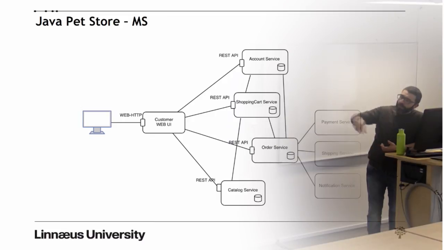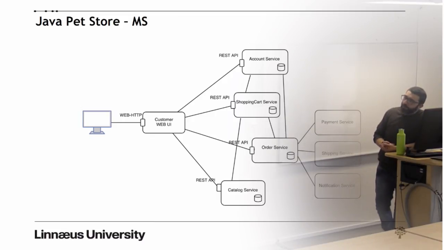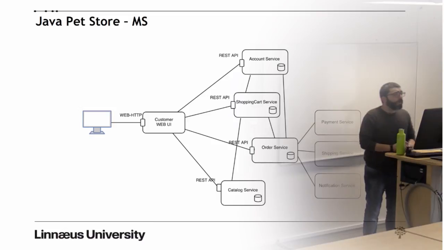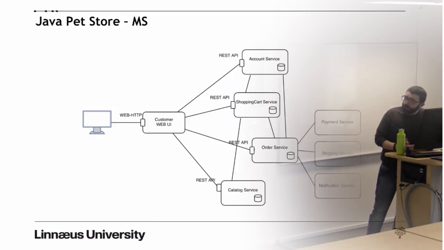Okay, then we have the two different types of services that we discussed today in the same picture. Every single microservice, as you can see, has its own database. This means that they are functionally complete.